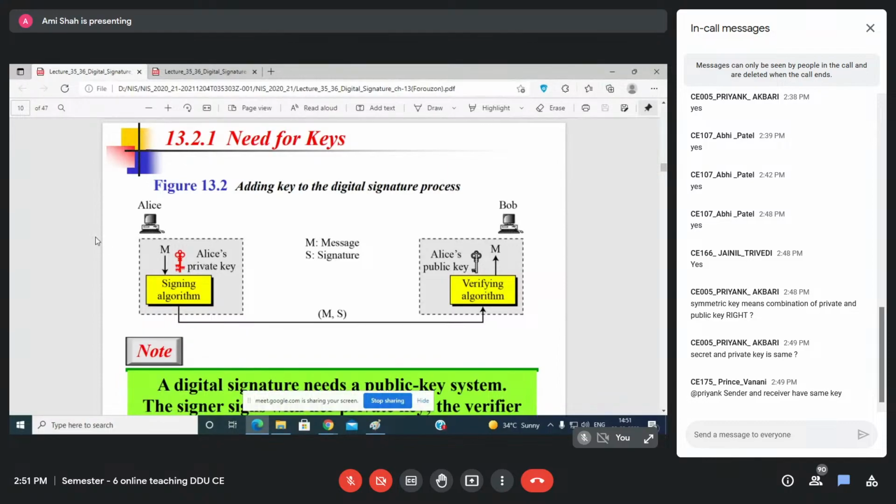Because, as I explained in the second lecture, suppose I am not using the private key public key concept. Suppose the key is shared between both parties, Alice and Bob. A symmetric key means both parties share this common key.